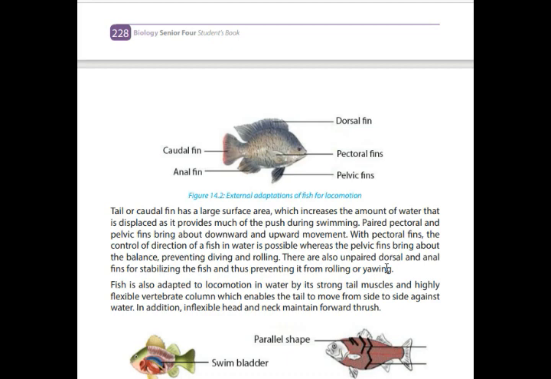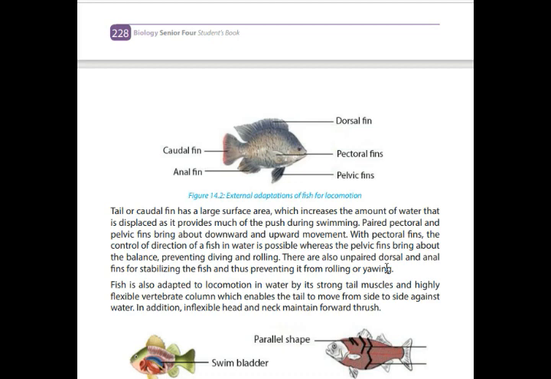Here you see the fish, we are finding that it has another particular adaptation compared to the other animals. In its locomotion in the water, it uses the tail muscles, which move side to side because they are flexible, moving against the water.